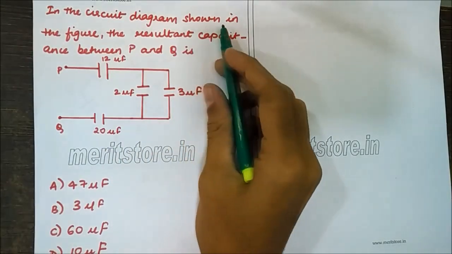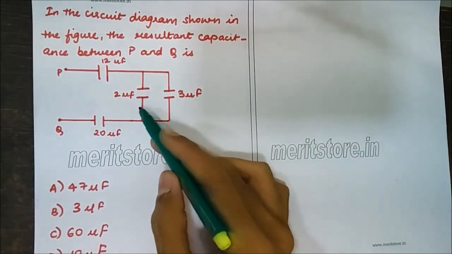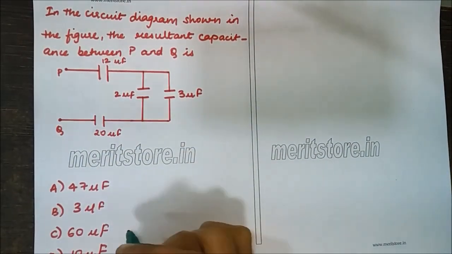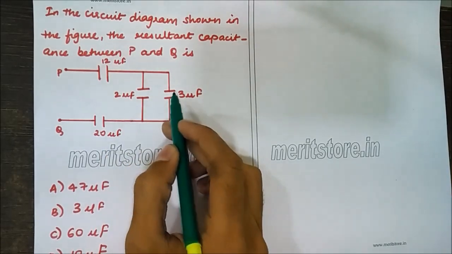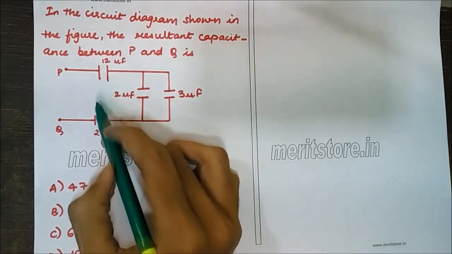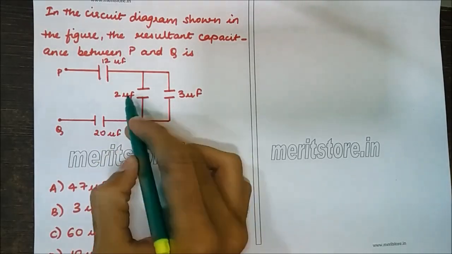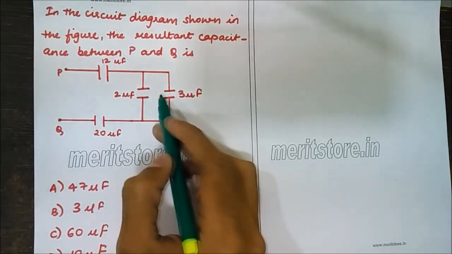In the circuit diagram shown in the figure, the resultant capacitance between P and Q is? As shown in the diagram, these two are connected in series. So the capacitance gets added up, that will be a total of 5 microfarads. And this 2 and 3 are in parallel, so in parallel we can add them up. So this becomes 5 microfarad.